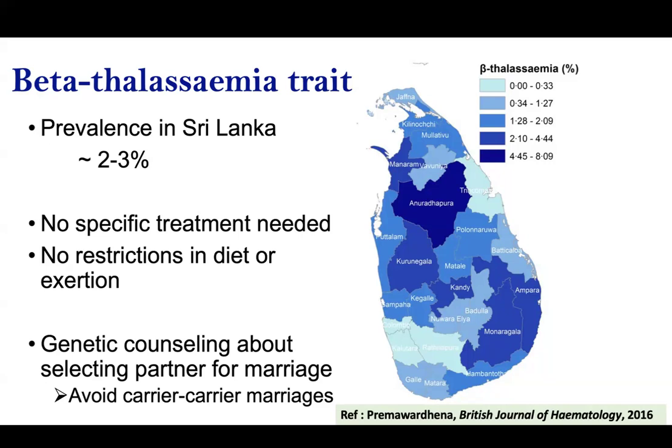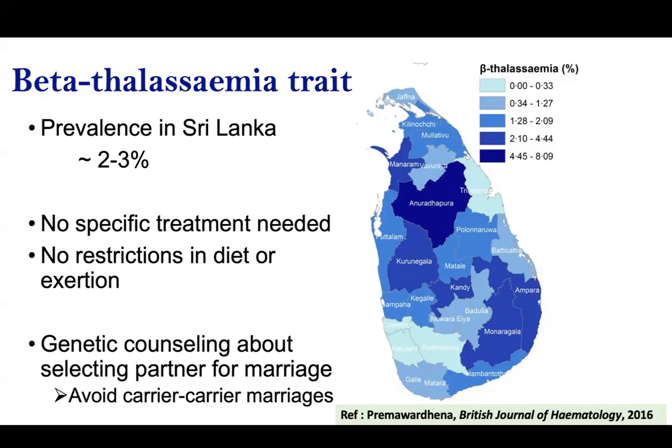If it is a 2-year-old child, when this child is finding a partner for marriage, then the partner needs to be fully screened to exclude thalassemia. So in general practice, you may be seeing adolescents and adults who have thalassemia trait.